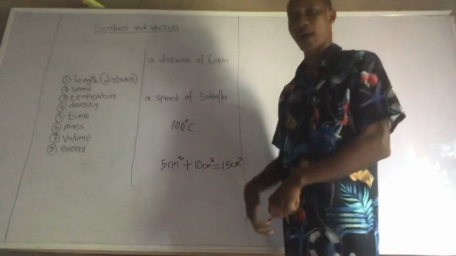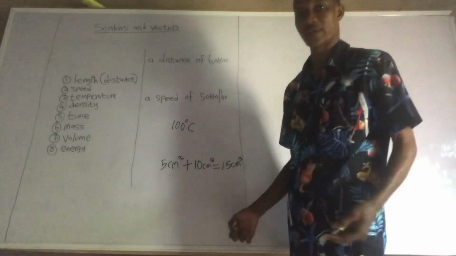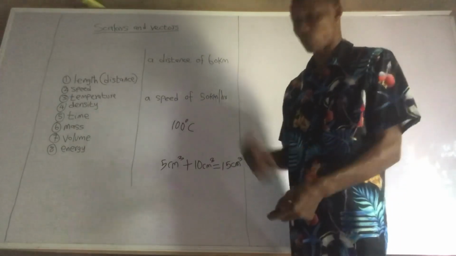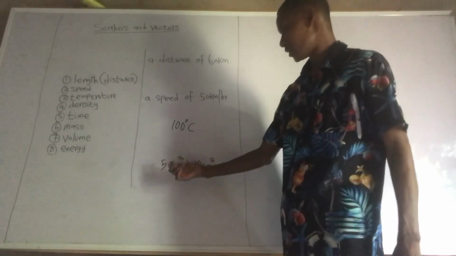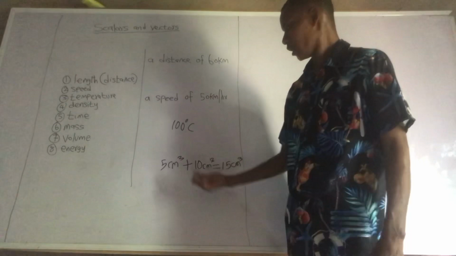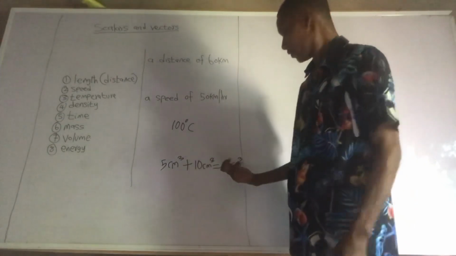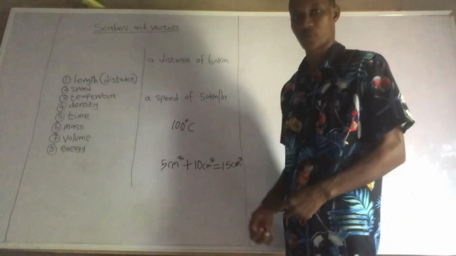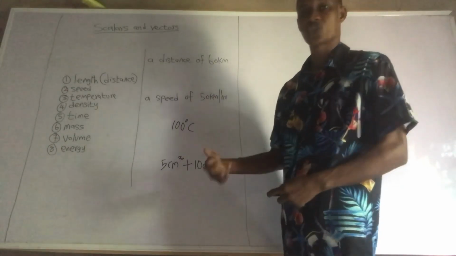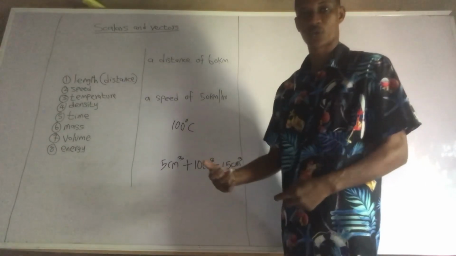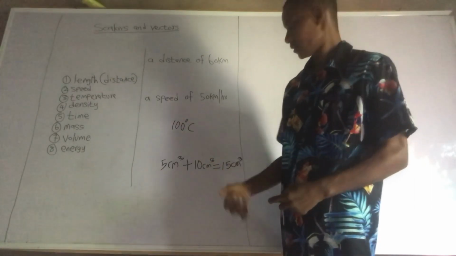Scalars are added by ordinary algebraic methods. Just the normal way you add numbers. As you can see, we have just added 5 centimeter cube and what? 10 centimeter cube. When we added them, it gave us what? 15 centimeter cube. You will know that there's a difference between addition of scalars and addition of vectors in our subsequent videos. Is that clear?